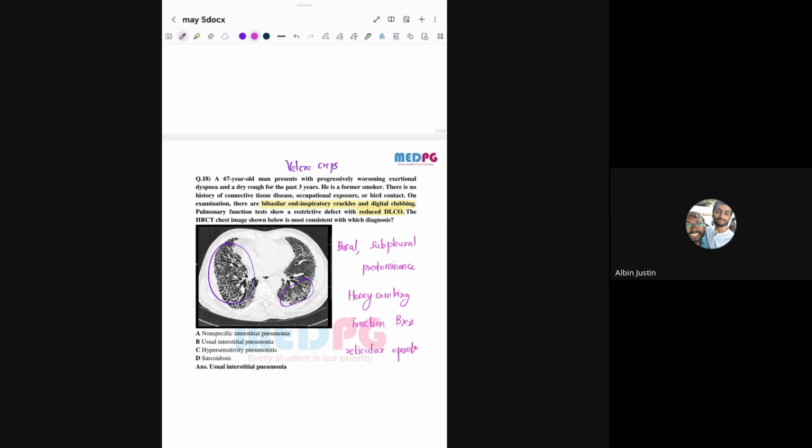This is characteristic of UIP. So old age, clubbing, all this means UIP, whereas this one will be young age. And there will be ground glass appearance in NSIP.